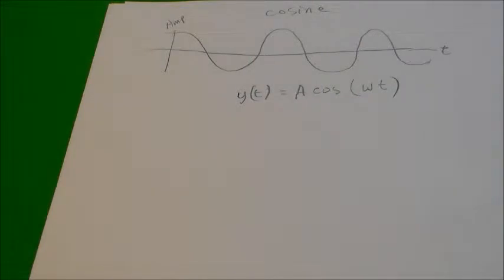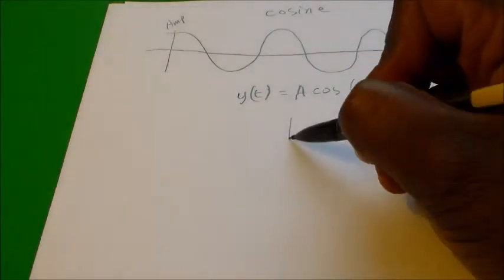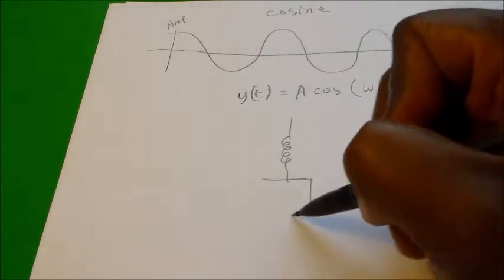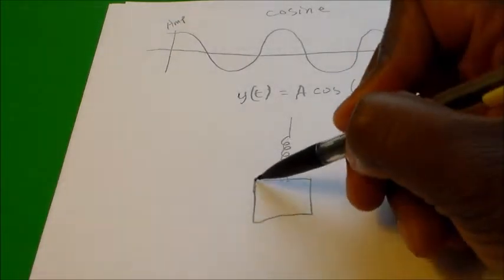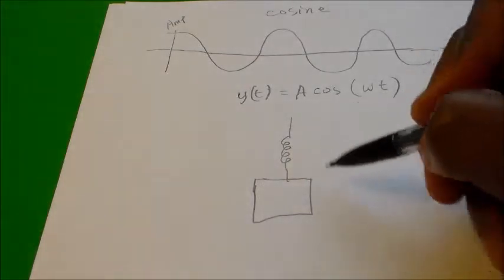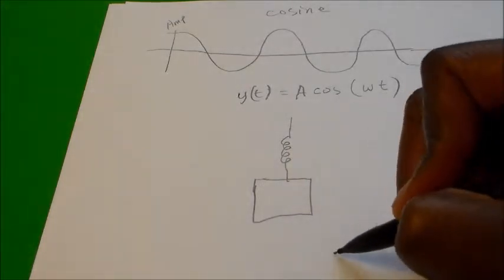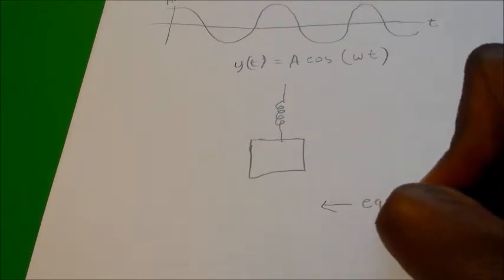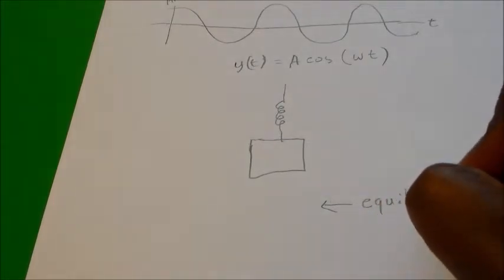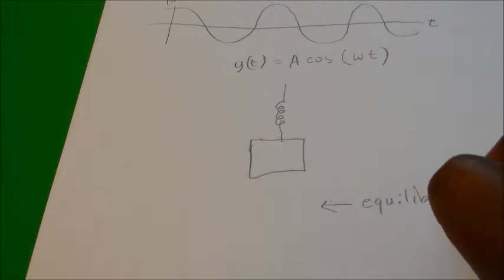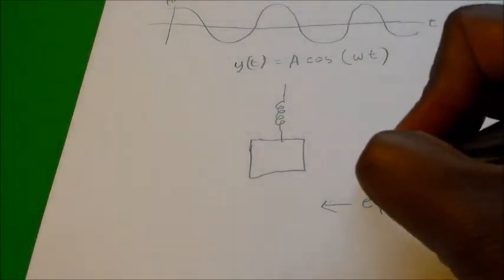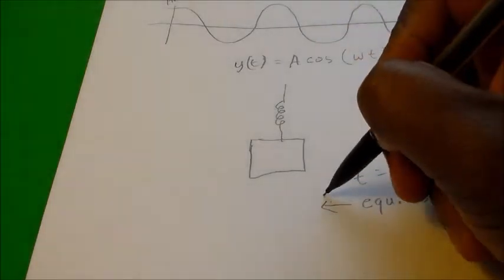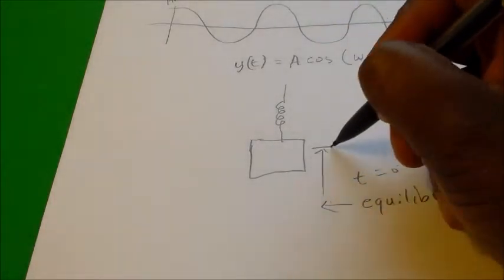All right, so in terms of our phenomenon in this case, which was that box or masses on a spring, what this would mean is that equilibrium is somewhere, let's say, down here. At time t equals 0, when we start timing, the box is at its highest point here.